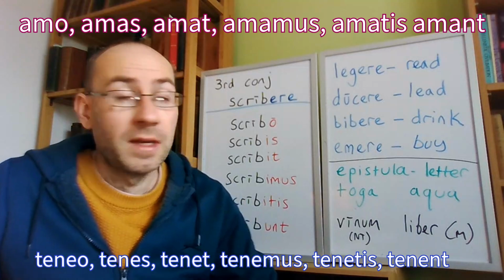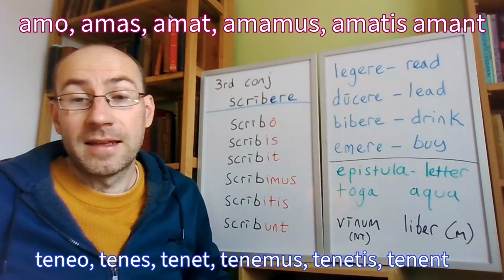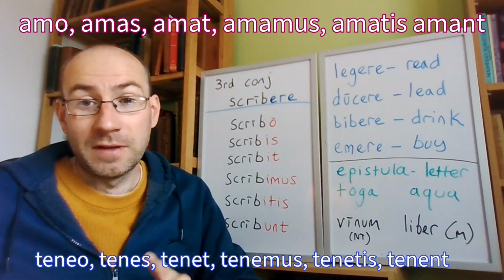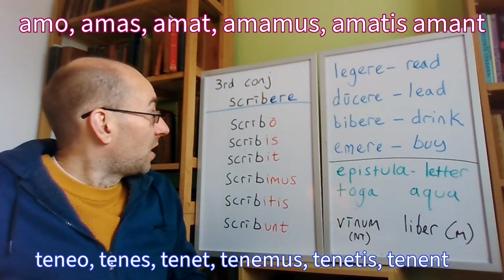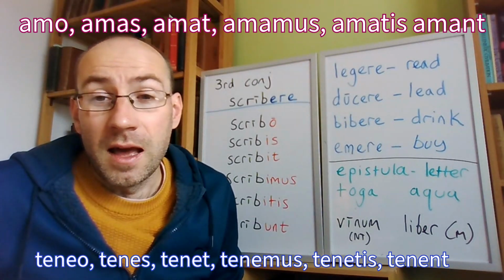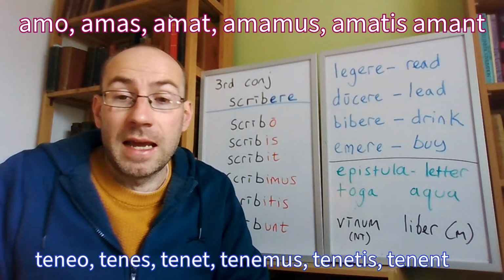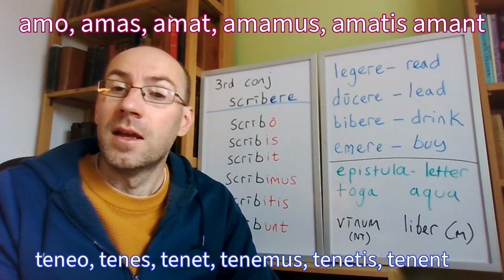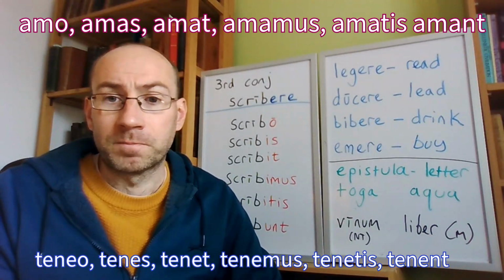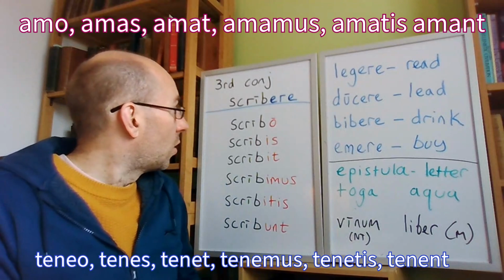This is just a short one: scribere. Small difference. If you look it up in the dictionary, it should give you, next to the infinitive, a number 3, just to indicate it's third conjugation. And once you know it's third conjugation, and if you know the pattern, then you know how to form the endings. So let's look at what happens.